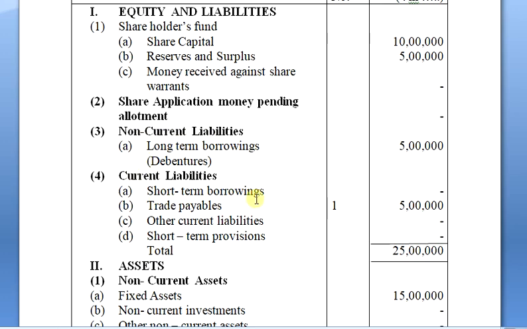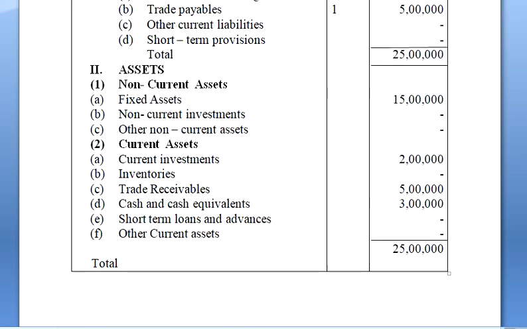Current liabilities: short-term borrowings, trade payables, other current liabilities, short-term provisions, total. Again in the assets, non-current assets is a major head, and current assets. In the non-current assets: fixed assets, non-current investment, other non-current assets. Current assets: current investment, inventories, trade receivables, cash and cash equivalents, short-term loans and advances, other current assets. So overall it becomes how much? 25 lakhs, my dear students.